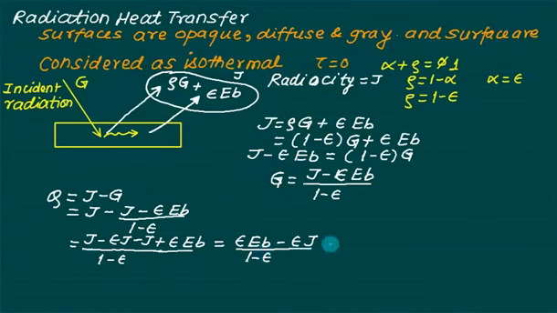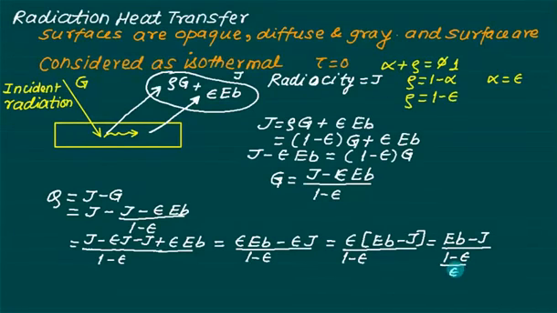Now this quantity can also be written with epsilon as a common factor, so we are left with EB minus J upon 1 minus epsilon over epsilon. In resistance language, we can write this term as EB minus J upon the quantity 1 minus epsilon upon epsilon.